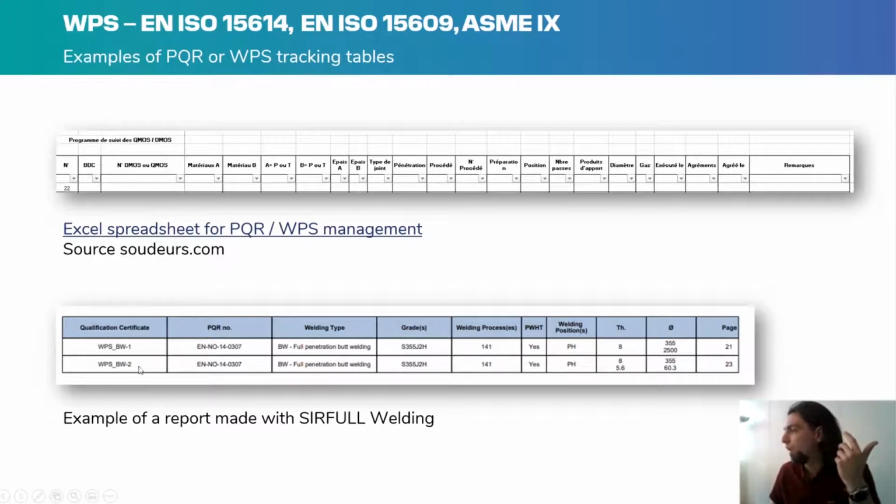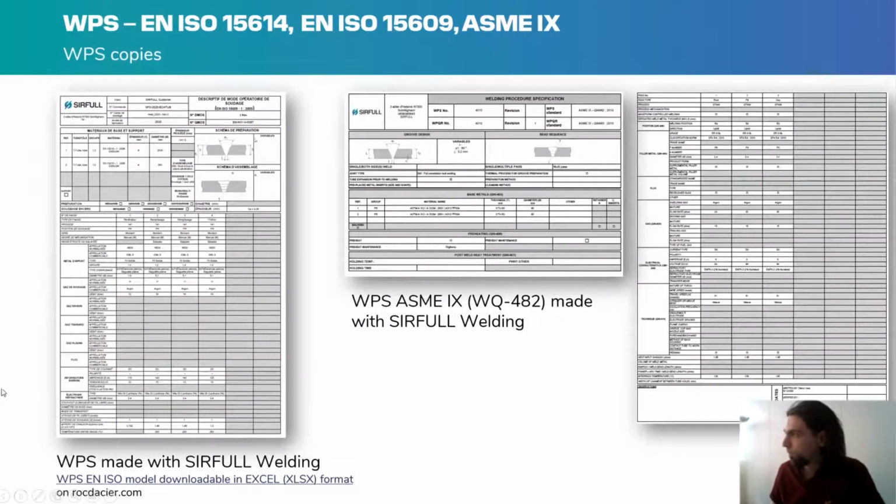So the name of the WPS, the qualified PQR, or the PQR that qualified the WPS for an effective fabrication, and the other part of the main information data of the WPS. So some copies. I provide you with an Excel spreadsheet for a WPS in EN ISO standard.